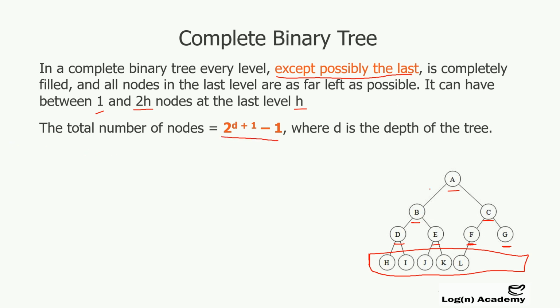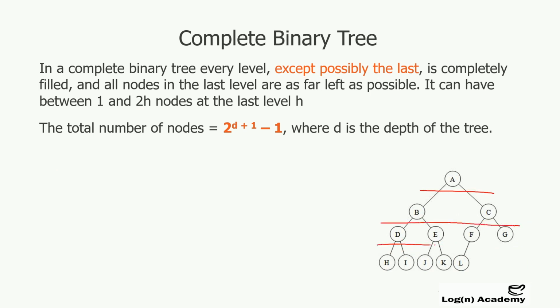So for example, for this tree, let's say I want to calculate the total number of nodes. So 2 raised to power d plus 1, minus 1. What is the depth? Let's divide them into levels.